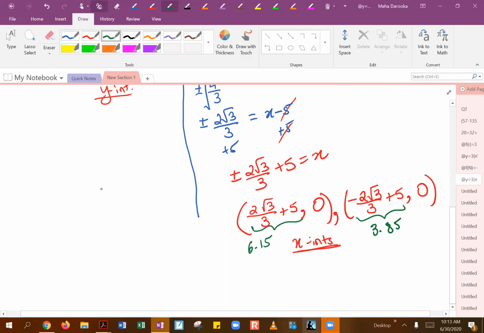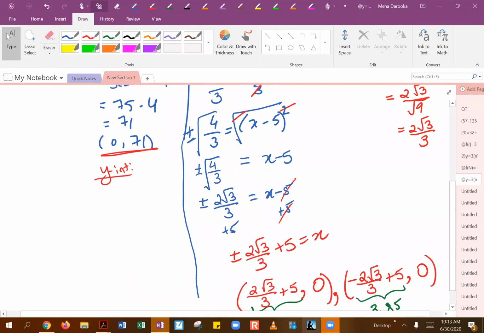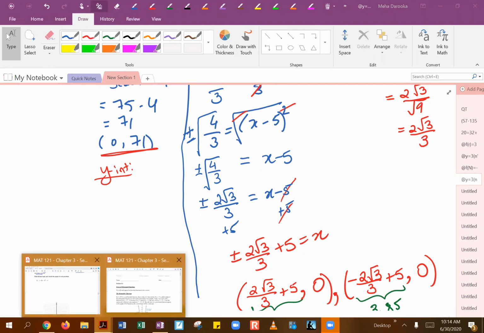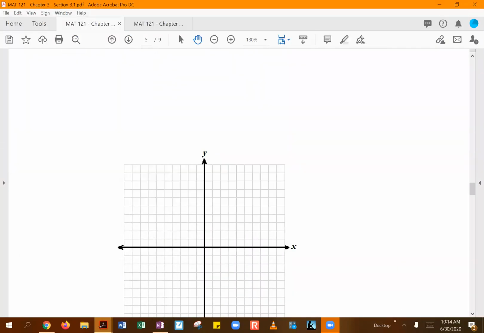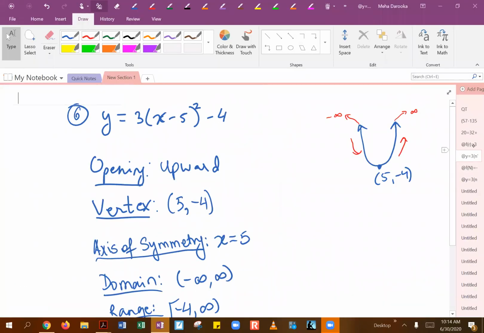But like I said, these will be numbers that give us an approximate idea of where the x-intercepts are going to be. But we do have some other points. Now you've got 0.71 here for the y-intercept. So trying to graph this is going to be pretty interesting. And remember, you can still use all the properties we looked at here in number 6 because it's the same function.